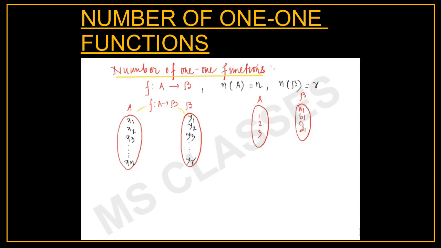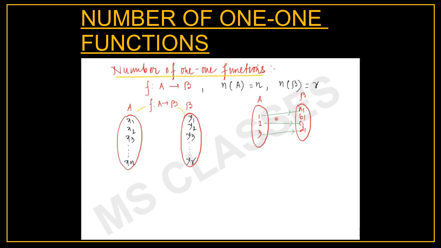Now suppose 1 is mapping to A1, 2 is mapping to C1, and 3 is mapping to D1. So this is a one-one function. Here, all the elements in the first set have distinct images in the second set. Similarly, all the elements in the second set have distinct pre-images.